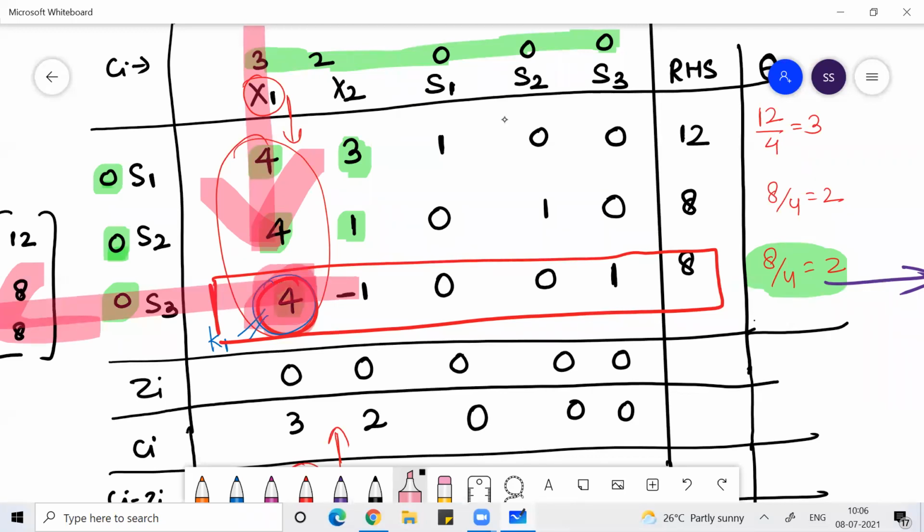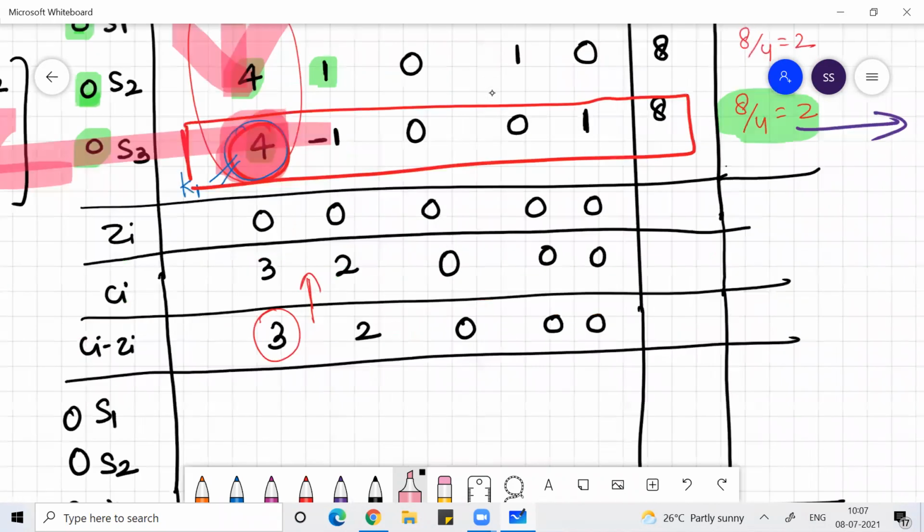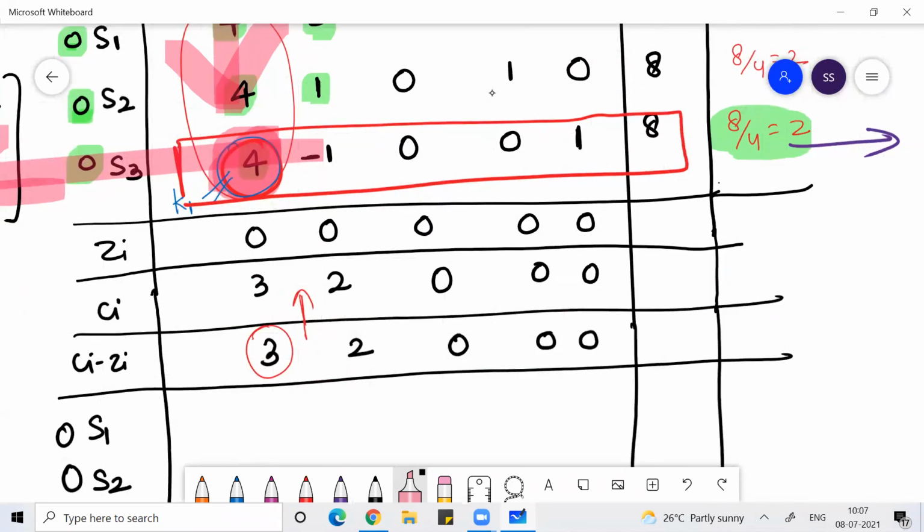So the value which is the point of intersection between X1 and S3, that is your pivot element or K1. Your value is 4. So 4 is called the pivot element or K1 or constant, whatever you can say.